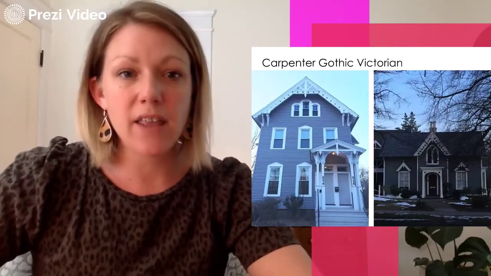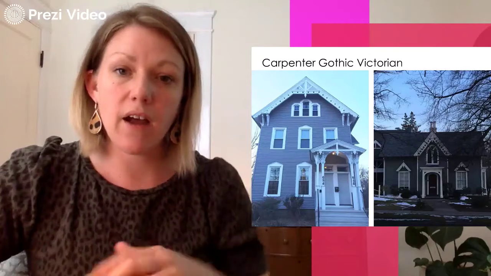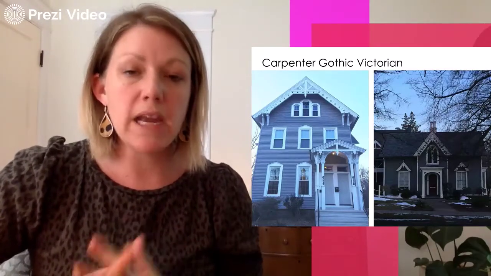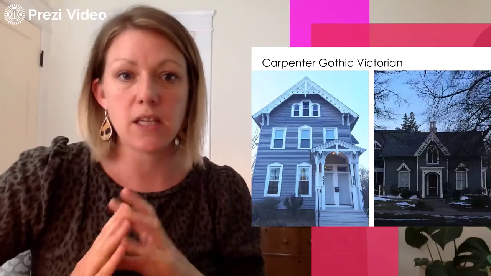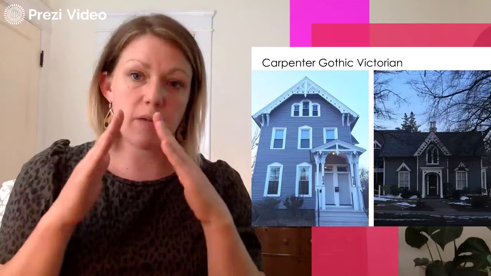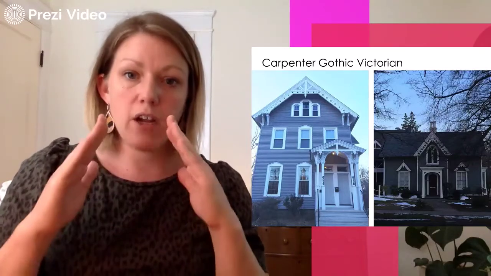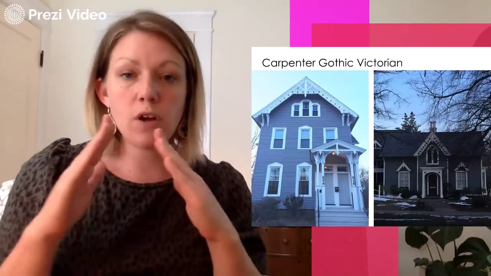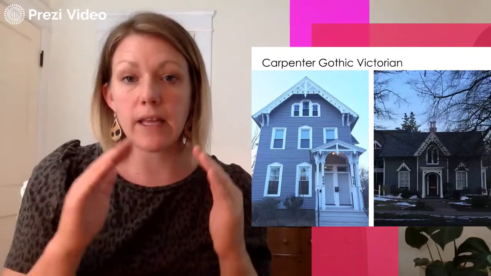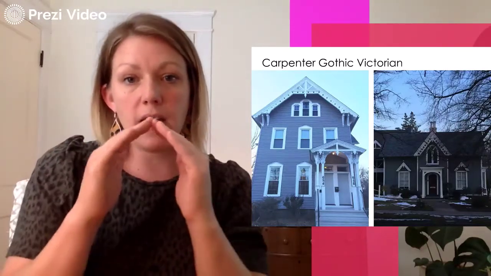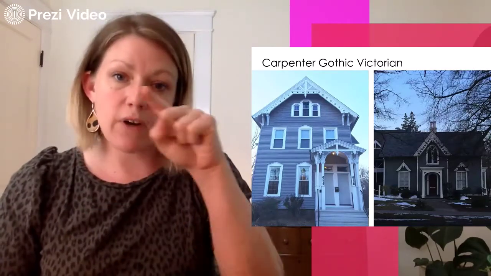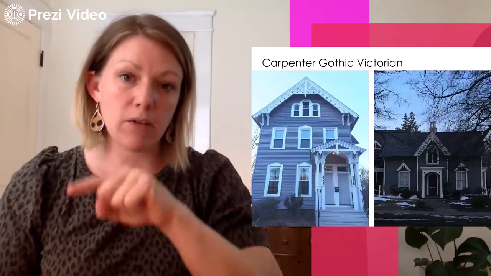The Carpenter Gothic Victorian is a style that has a lot of carved woodwork. But the main characteristic, the standout thing to me that is the dead giveaway that it's Carpenter Gothic, is it's going to have very pointy angles to it. So steep pitched roofs, pointy window openings, and the reason why we call it Gothic is oftentimes that point actually has a bit of a curve, which is called a Gothic arch, which is different than a Roman arch, which is a completely rounded arch.